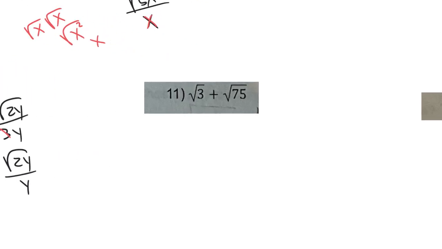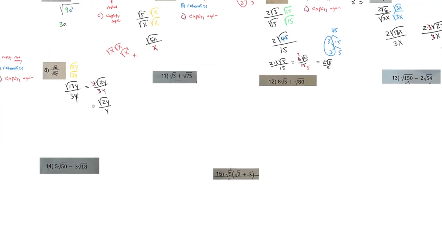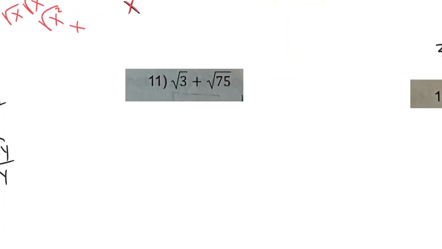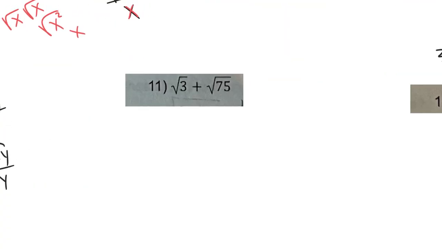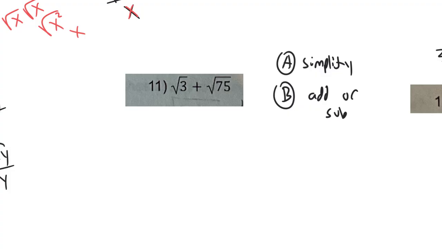For these, when you're adding and subtracting, I think maybe step letter A is to simplify as much as you can, and then step letter B, add or subtract. Or we could say something else.